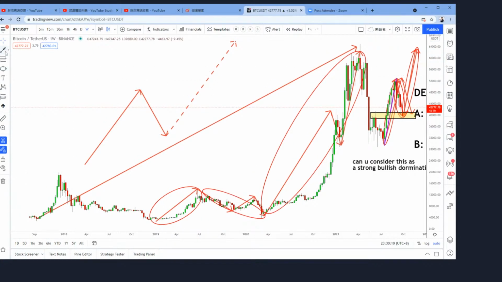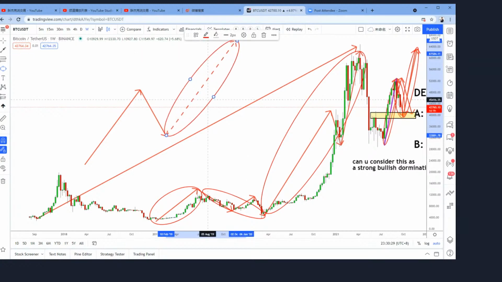So every time you see a strong rally, this represents a finished or completed wave, right? We see a rally, we see a pullback. Okay, let me ask you, do you believe something like this will happen? Do you believe?